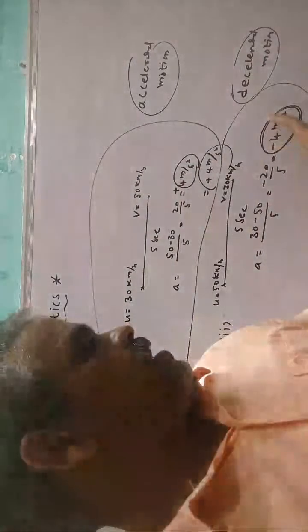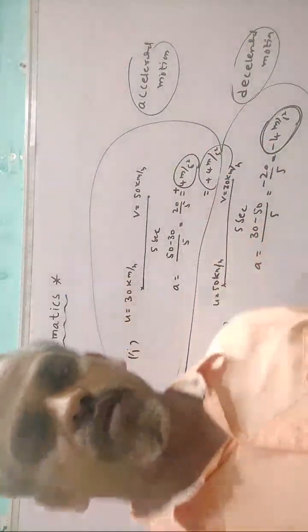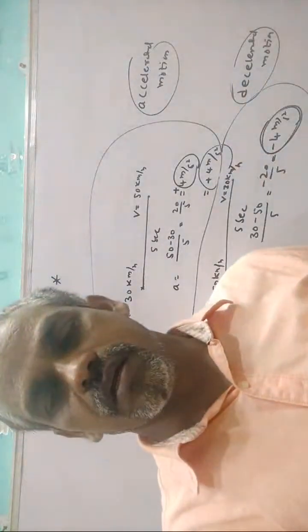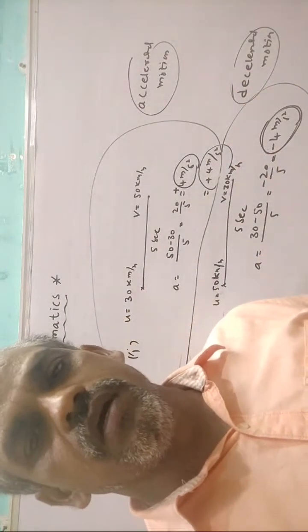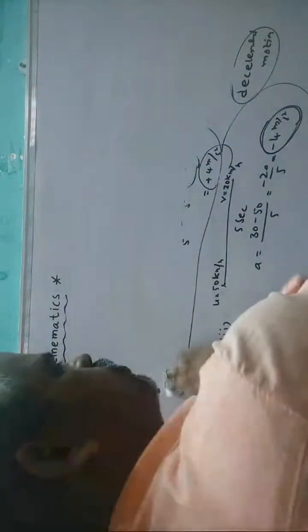If the body has negative acceleration, we can say it is a decelerated body. So negative acceleration is nothing but deceleration. This sentence also you have to write. What we observe in regular daily activities, that is only physics.